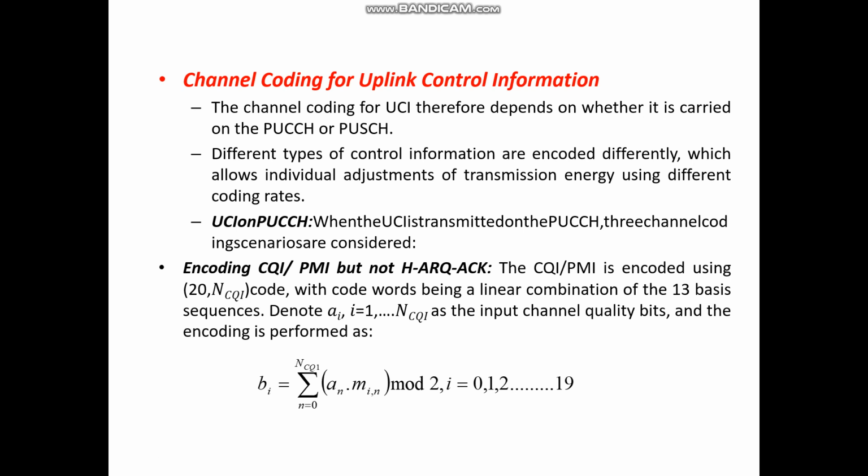Okay. The next topic we have is channel coding for uplink control information. Here we are going to see what kind of coding takes place to incorporate uplink control information. The channel coding for the UCI depends on whether it is carried on the PUCCH or PUSCH.